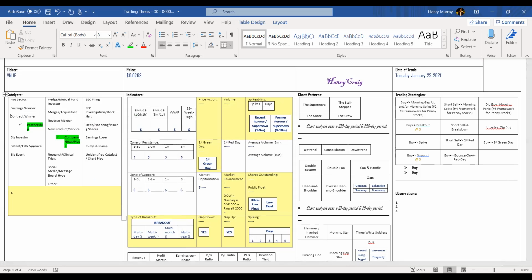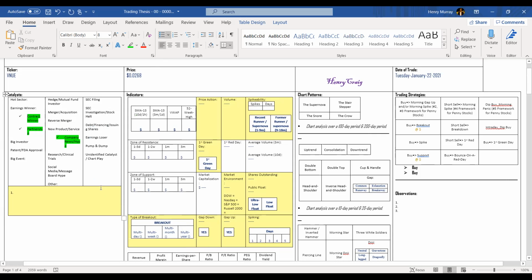Was it a contract? Okay, so they had a partnership and then the contract was with the artist. So here we have three catalysts that are causing this penny stock, VNUE, to move.